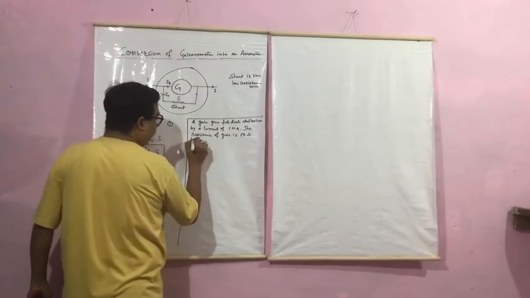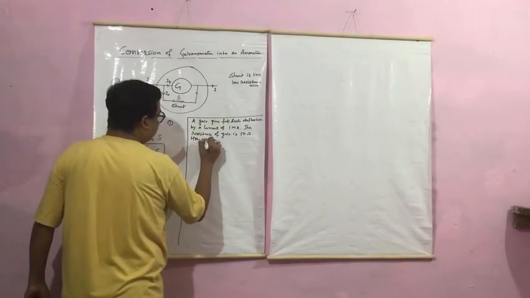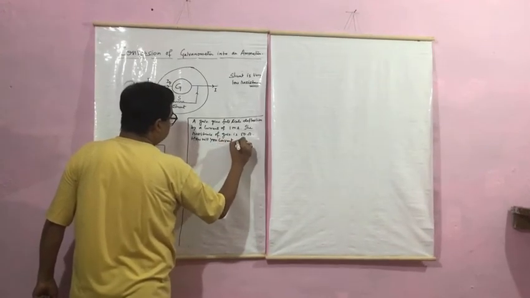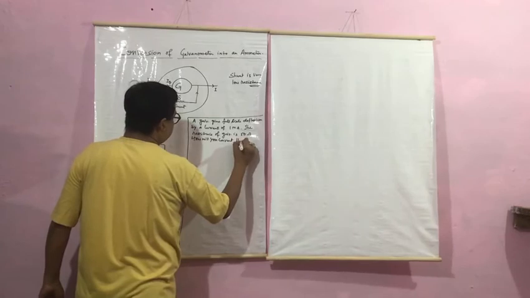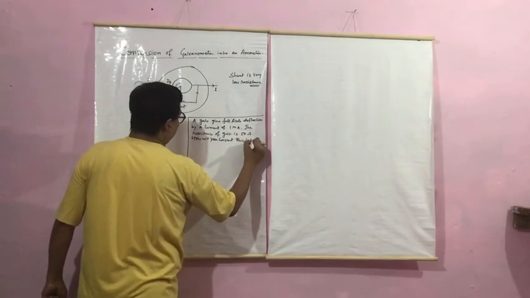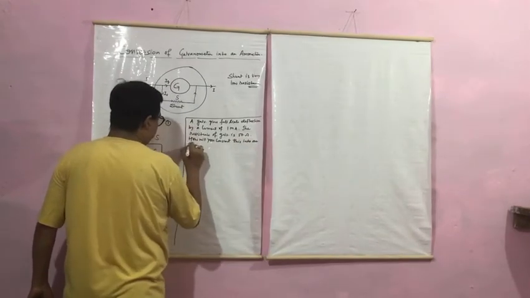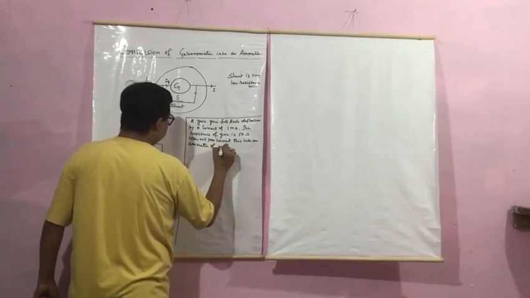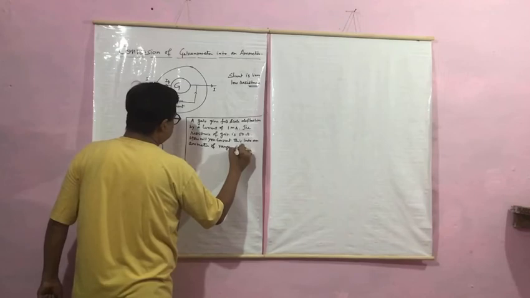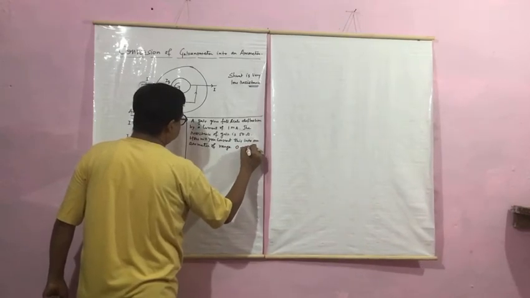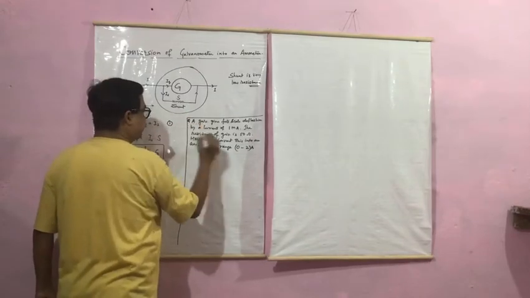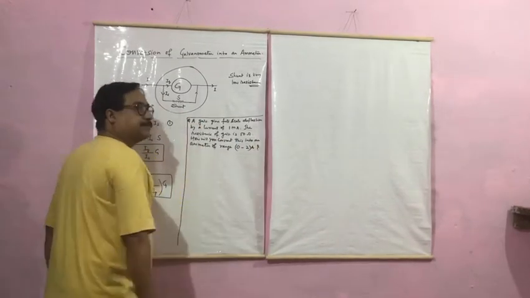How will you convert this into an ammeter of range 0 to 2 ampere? See, this is the question. How will you convert?